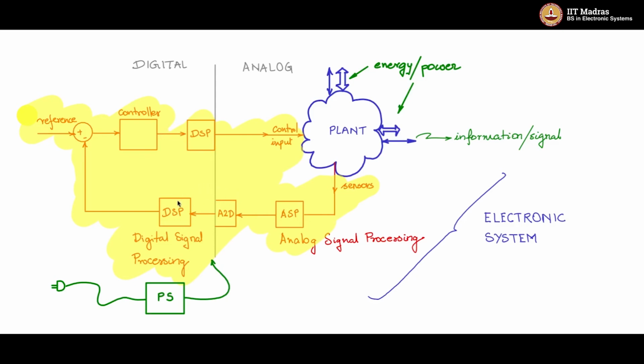If it is digital, you may want to use a 5 volts or 3.3 volts DC power supply. Or if it is analog electronics, you may want to use plus minus 15 volts or plus minus 12 volts DC. So the output has to be appropriately given depending upon the electronics that you want to drive here.